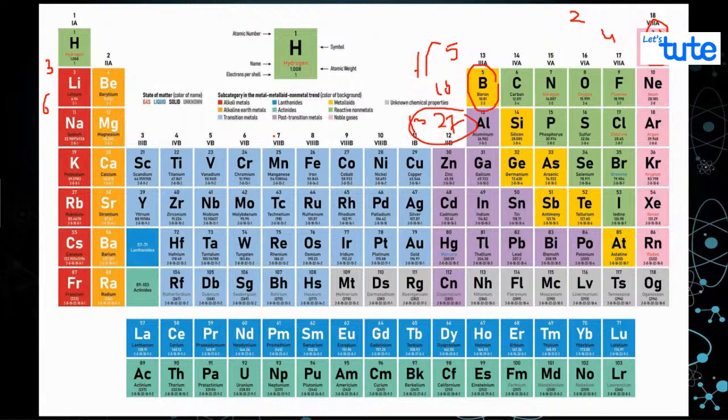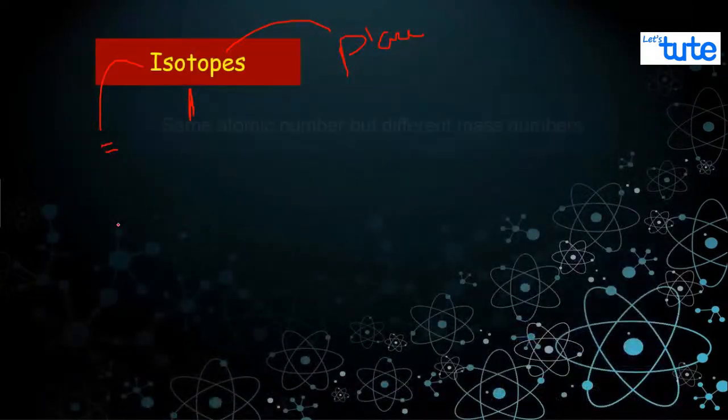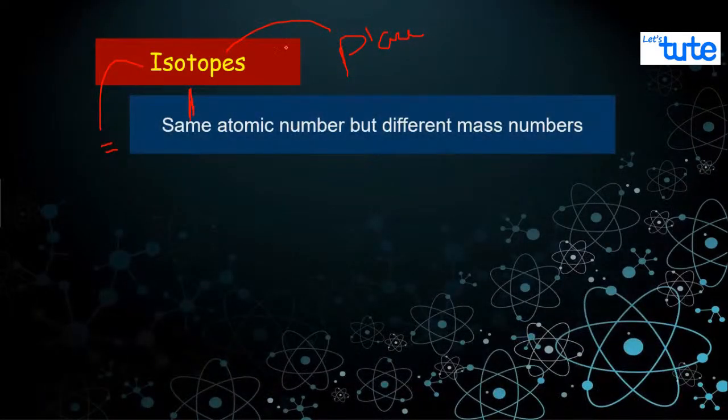Elements having the same number of protons are given the same position in this periodic table. We will understand that at a later stage, but let's try to understand what isotopes are. Isotopes are given the same place, the same atomic number, but different atomic mass number.